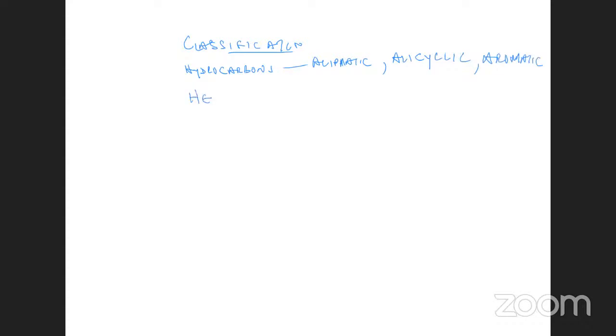Heterocyclic compounds are there. Hydrocarbons have only carbon and hydrogen. When it comes to heterocyclics, right? In heterocyclics, there are cycles and one or more carbon atoms have been replaced with a heteroatom, an atom other than carbon.